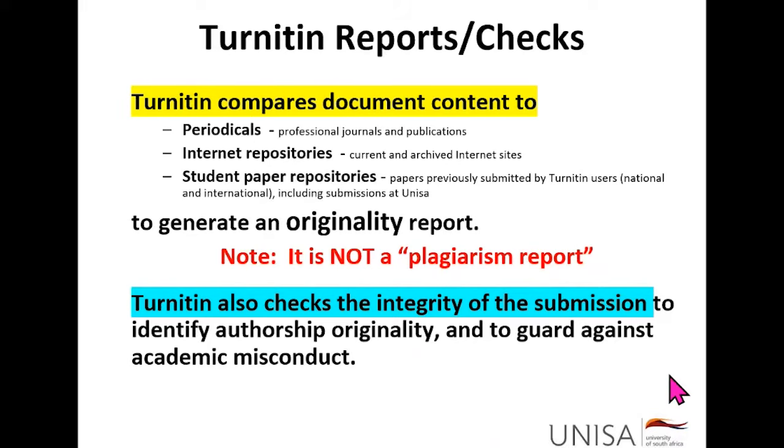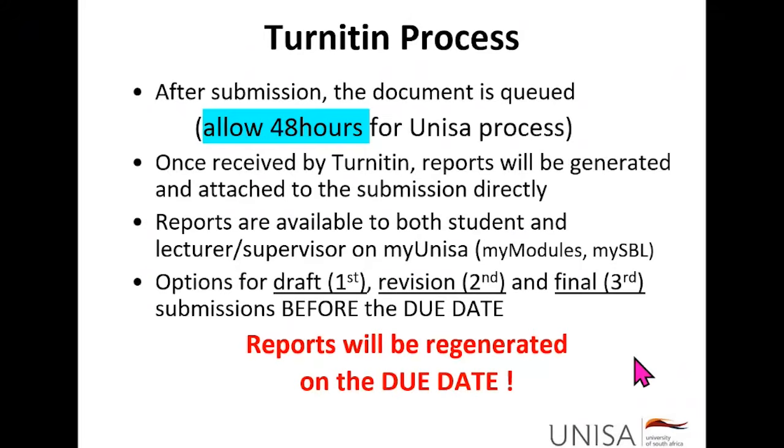It will check things like internet repositories, publication repositories, as well as student paper repositories. This is referred to as submitted works within Turnitin. And it does not only check within UNISA, it also checks against other universities in South Africa, as well as universities on the African continent and other continents worldwide to produce the report.